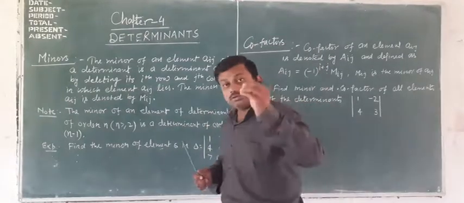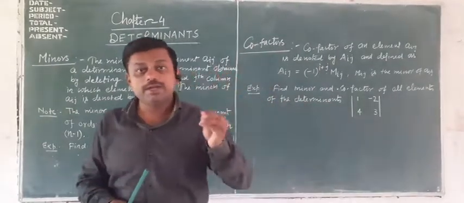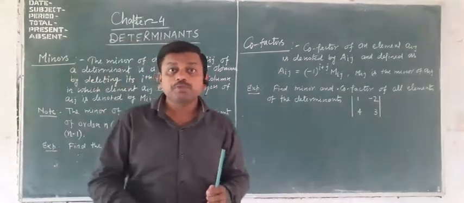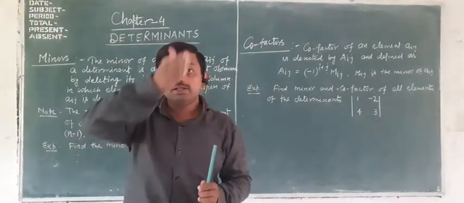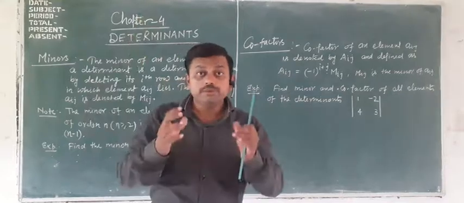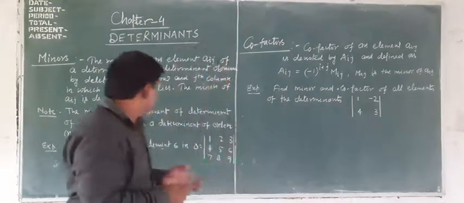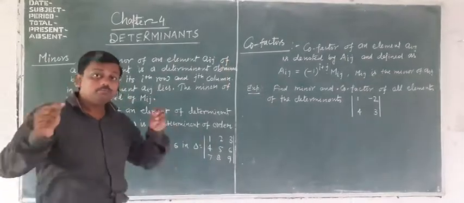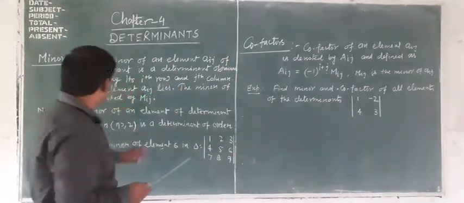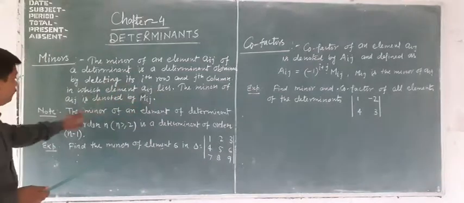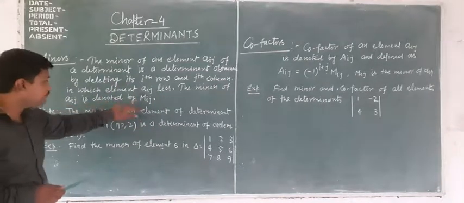So the minor of that element is obtained by deleting the second row and third column. The remaining sub-determinant gives the value of the minor of that element, and the minor of Aij is denoted by Mij.